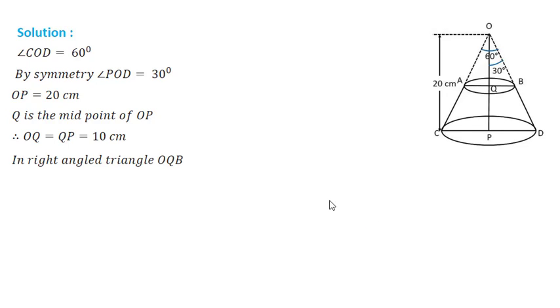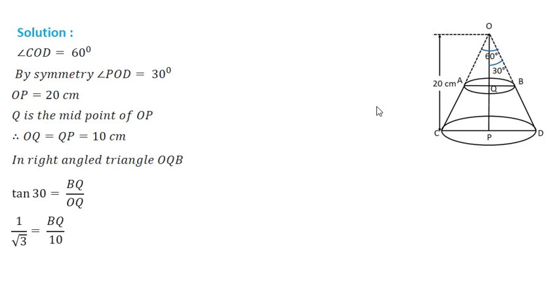So we can see that in this right angle triangle OQB, this is smaller triangle. Here I will use tan 30 degree because adjacent side is given and I have to find this opposite side. So I will say tan 30 degree is equal to BQ upon OQ.